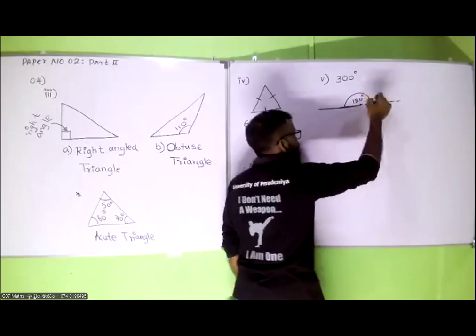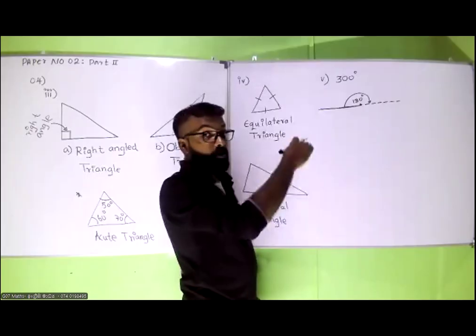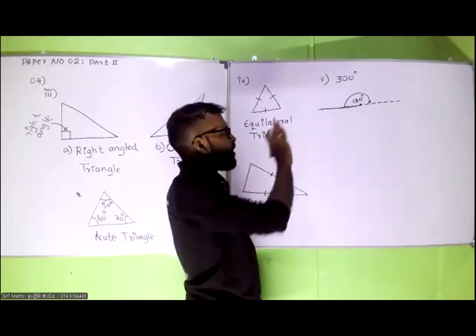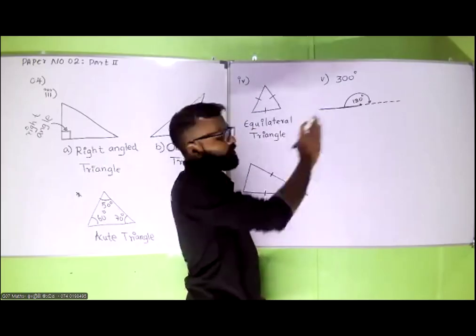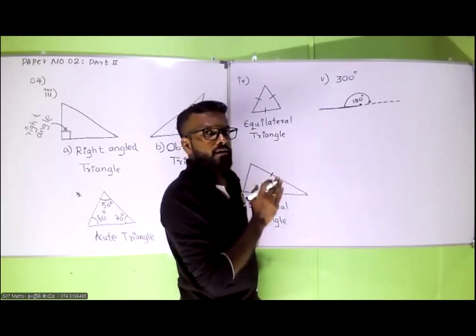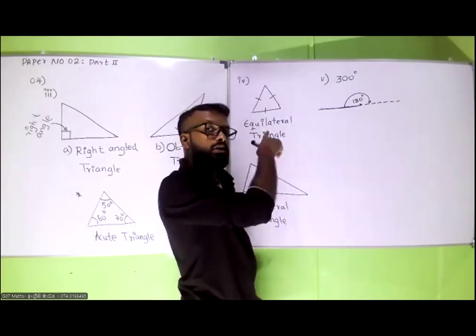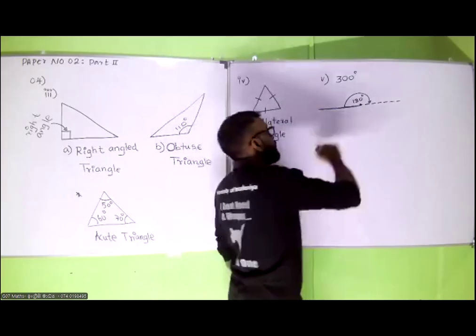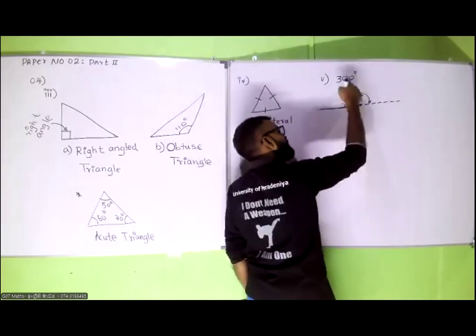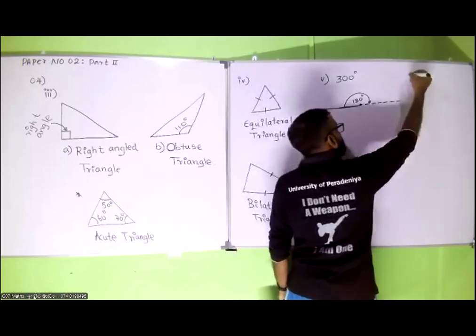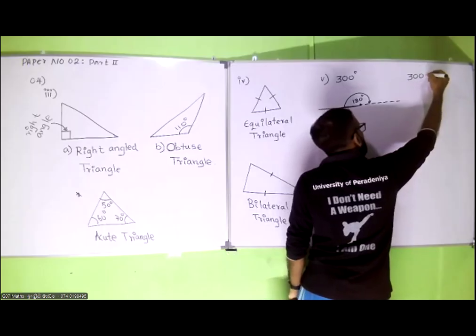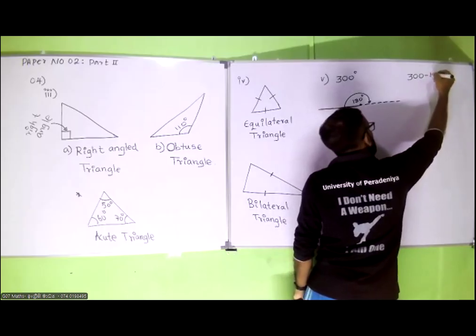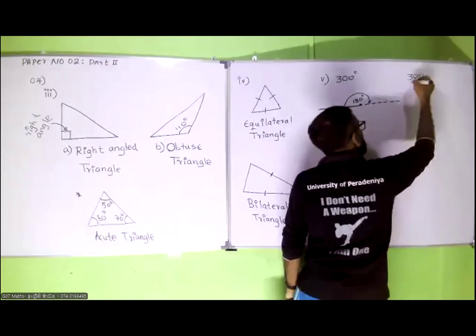This angle you know, right? Angle on a straight line is 180 degrees. So you have already drawn 180 degrees. And how do you complete the rest? For that you have to subtract 180 degrees from 300 degrees. So let's see how much of an angle we have to draw. 300 minus 180.